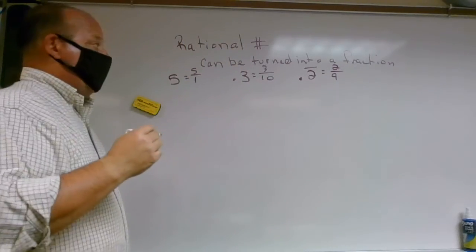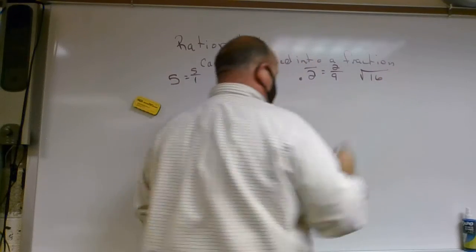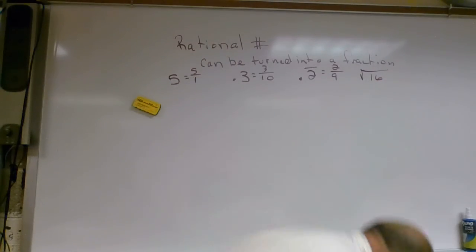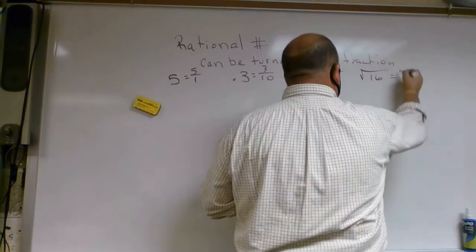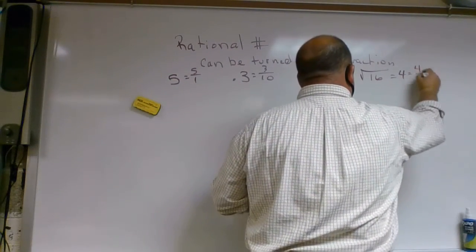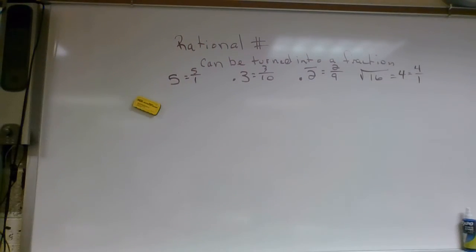I can turn that into a fraction, no problem. How about the square root of 16? What's the square root of 16? 4. Can I turn that into a fraction? 4/1. Yep, that's all still on the board there. All of those are numbers that we can turn into a fraction: repeating decimals, terminating decimals, whole numbers, and perfect squares.